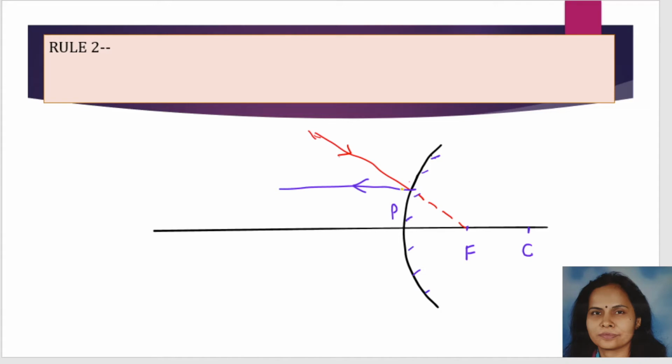Now again, if you want to draw the normal in this case, this is your point of incidence. This point of incidence should be joined with C with a dotted line and I have to extend it further in front of the convex mirror. So this is your normal, and in this case angle of incidence is this one and angle of reflection is this one.